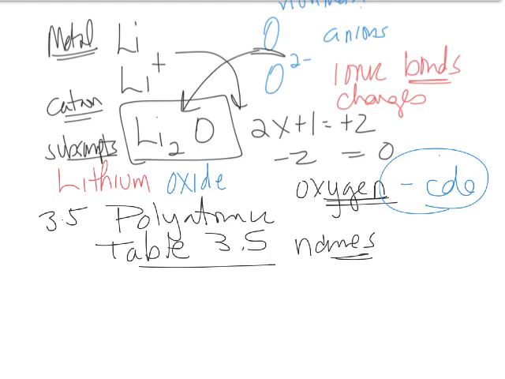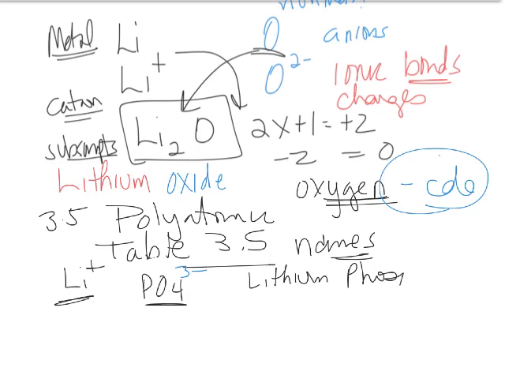So for example, what if you had lithium and then phosphate? PO4 3-. In this case, you just have to memorize that that's lithium from the periodic table, and this is phosphate, because you memorized that from the polyatomic ions.